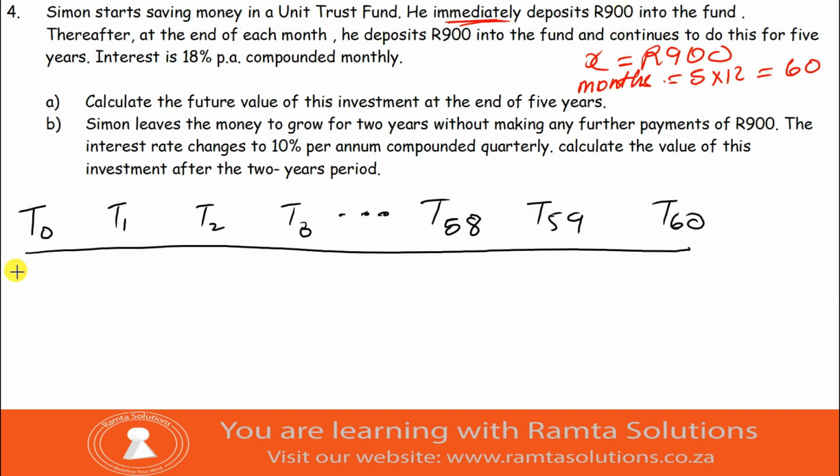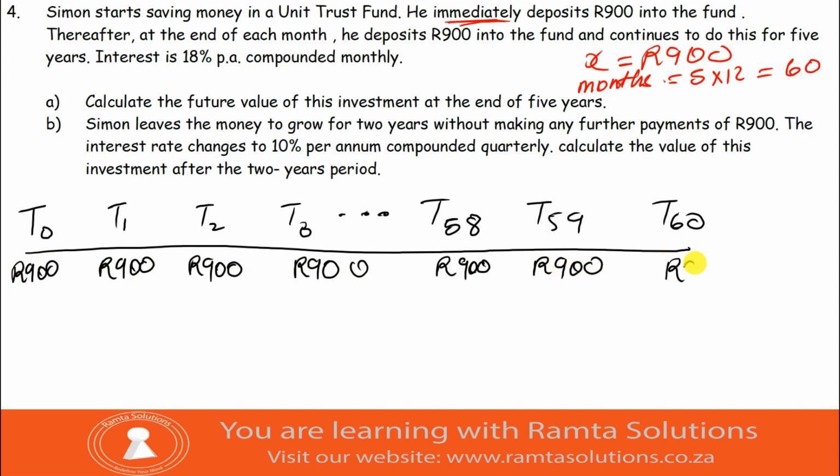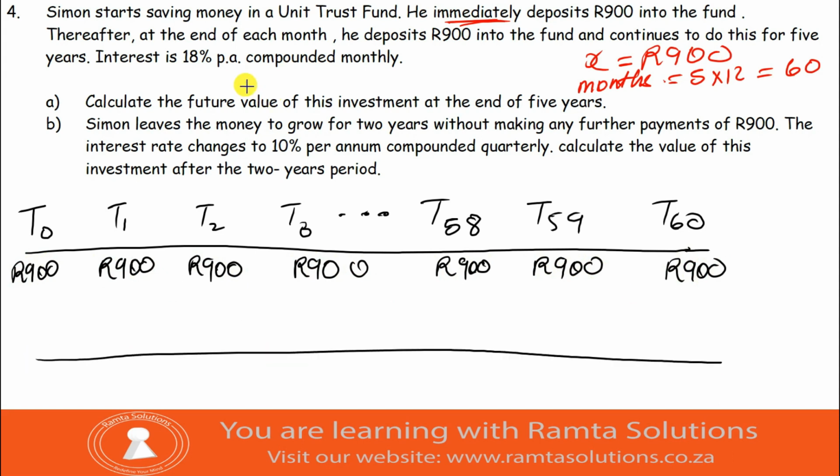So this means a T0, and then at the end of each month. This is the end of the 58th month, the end of the 59th month, and the end of the 60th. Right? What else? The interest? They said the interest is 18% per annum compounded monthly.